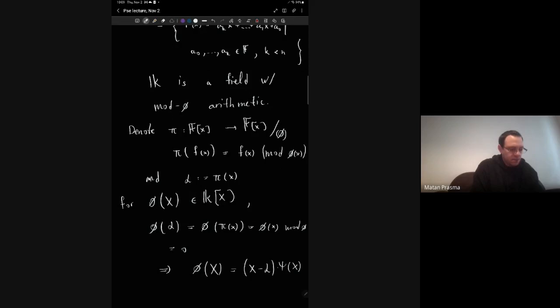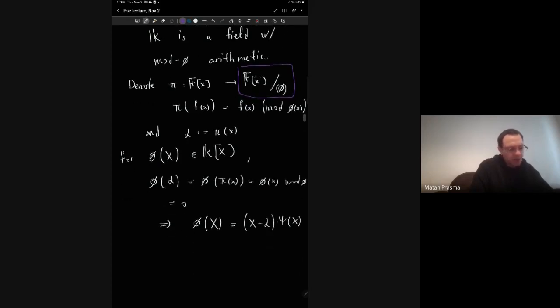Now, what is this field F[x] modulo phi? So it is a field containing a root of the polynomial phi, but you may ask, could I construct some smaller field that still contains a root for phi?